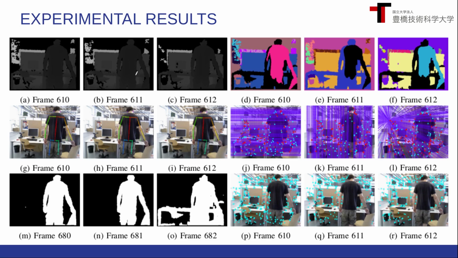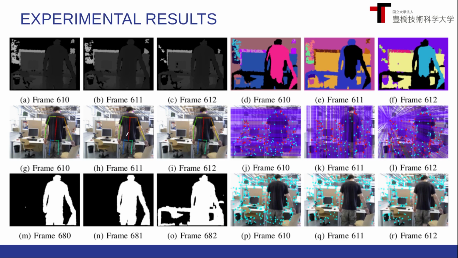From now on, I will introduce the experimental results. We segment the depth image using k-means, and we also detect the human person. We calculate the geometric error by calculating the epipolar length and judge outliers using the geometric check.